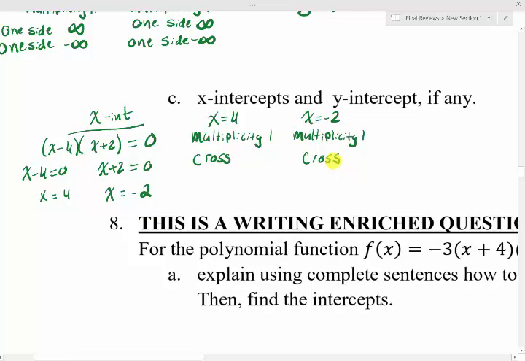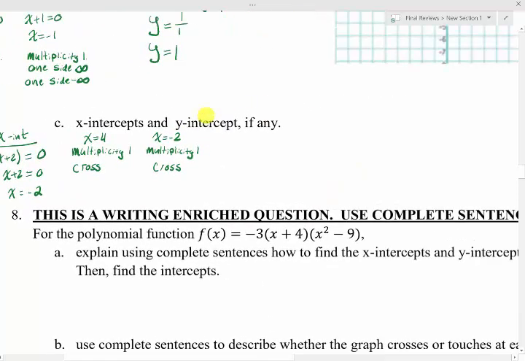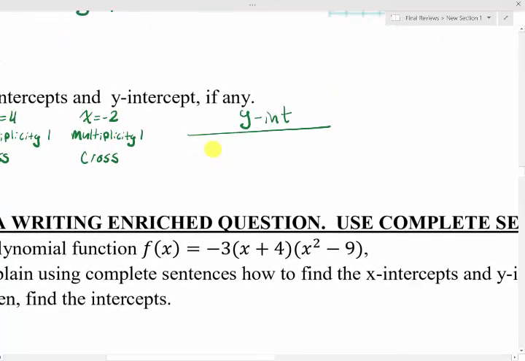Now let's get our y-intercept. We're going to find it the good old-fashioned way. I'm going to set x equal to 0 and solve for y. So 0 minus 4 times 0 plus 2, over 0 minus 3 times 0 plus 1.